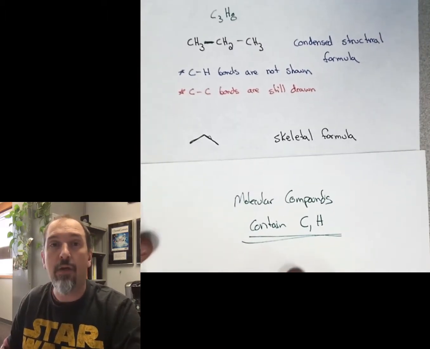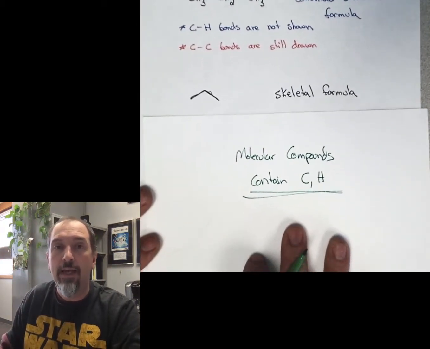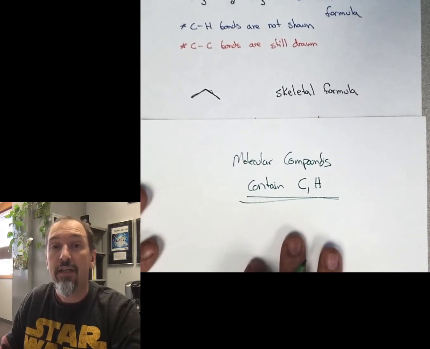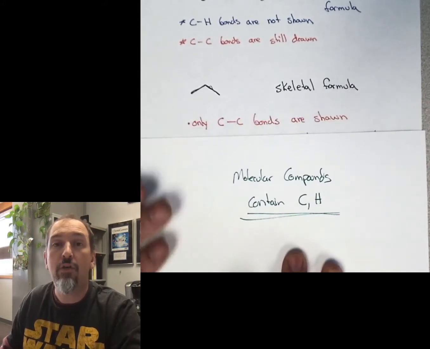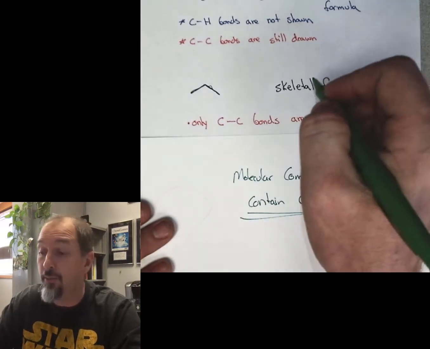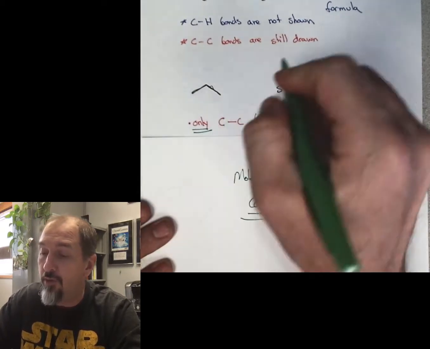The last type of formula that we have is called the skeletal formula. And the skeletal formula is the absolute simplest formula. The skeletal formula only shows the carbon-carbon bonds. It doesn't show any atoms, doesn't show our carbon and hydrogen atoms, that is. So it only shows the carbon-carbon bond.